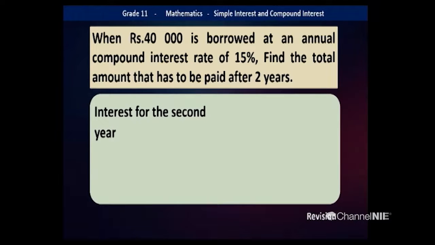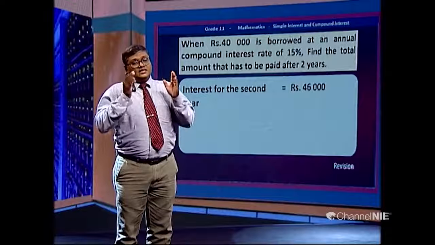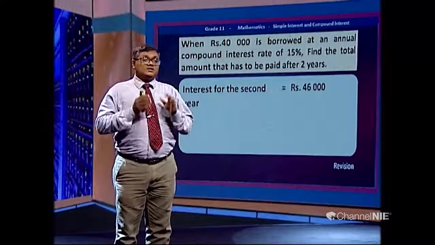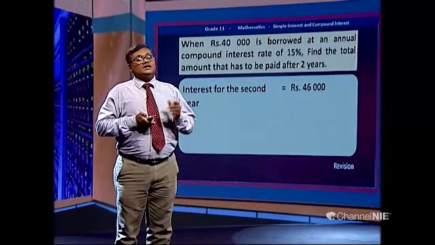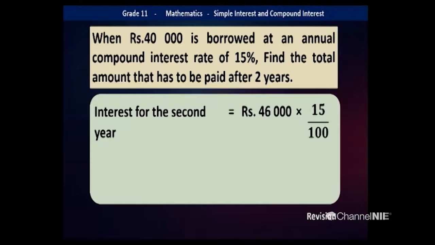You have calculated the first year interest. Then the second year amount is 46,000. Then you can apply the same interest rate, 15 upon 100. Then you have to divide 46,000 by 100. The answer is 460. 460 multiplied by 15 is 6,900.